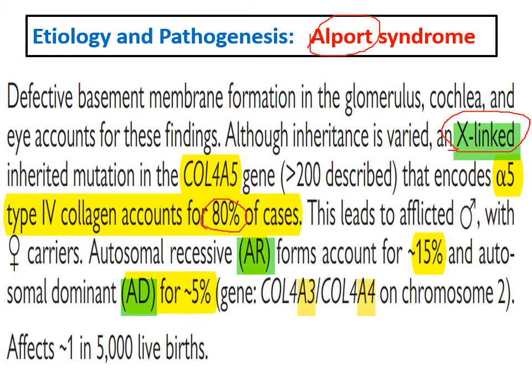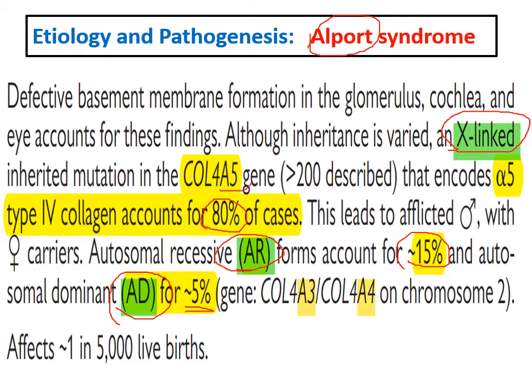These numbers are very important and frequently asked for. The second form of inheritance, autosomal recessive, accounts for 15%, and autosomal dominant accounts for only 5%.